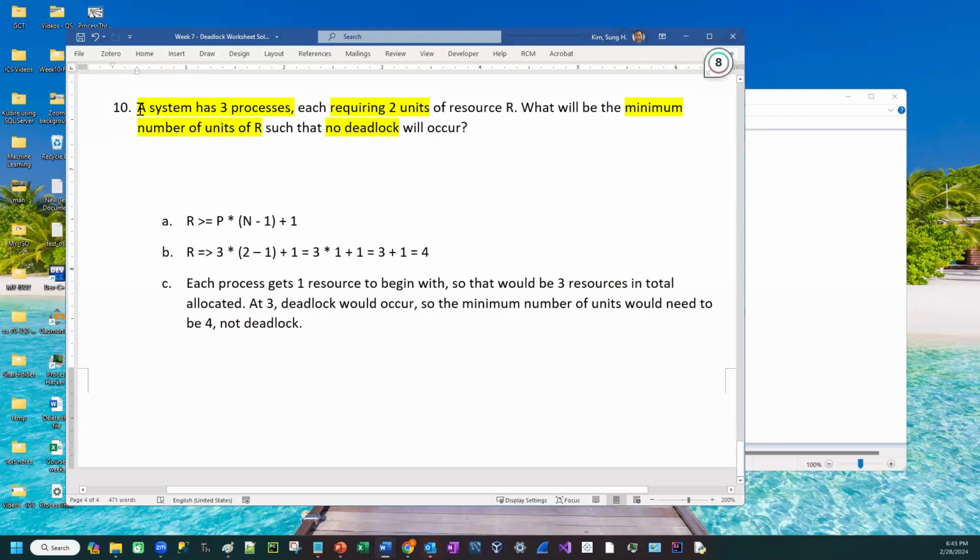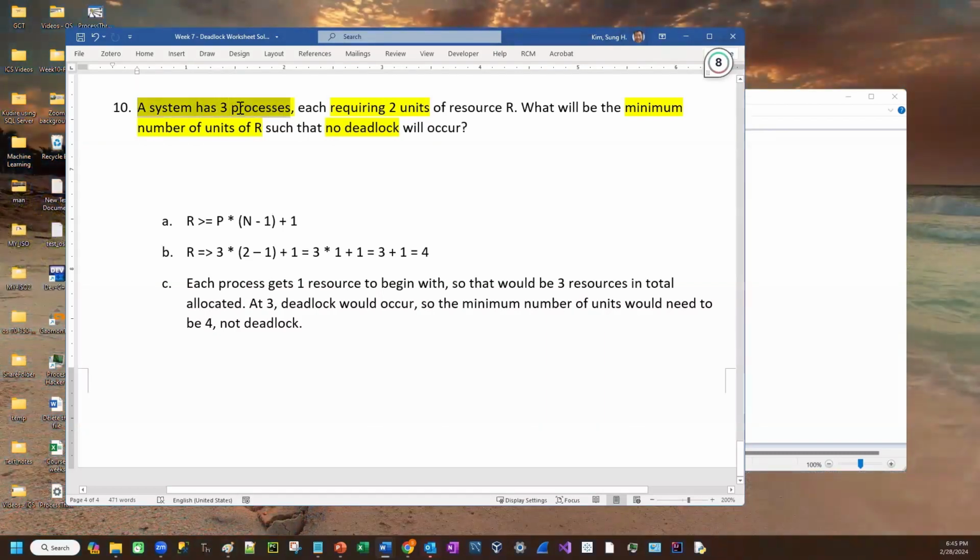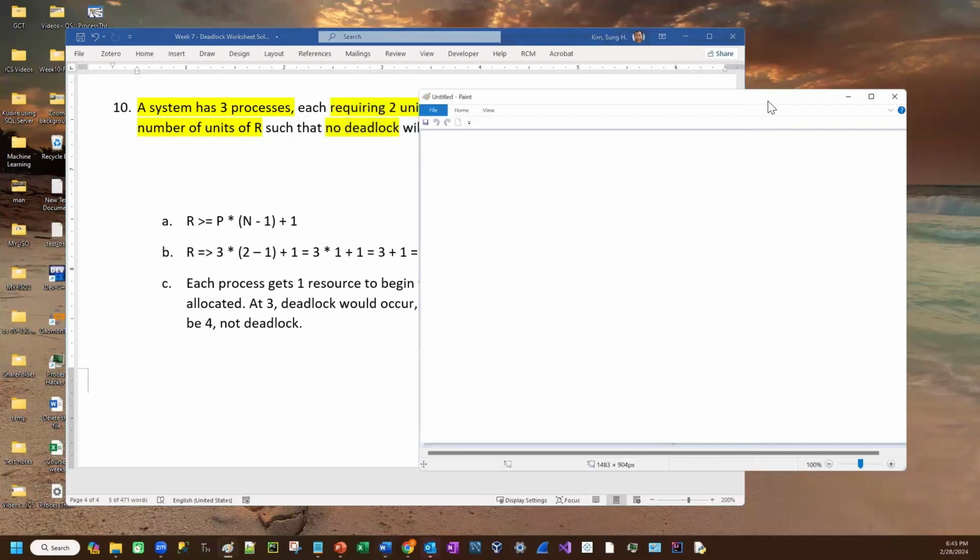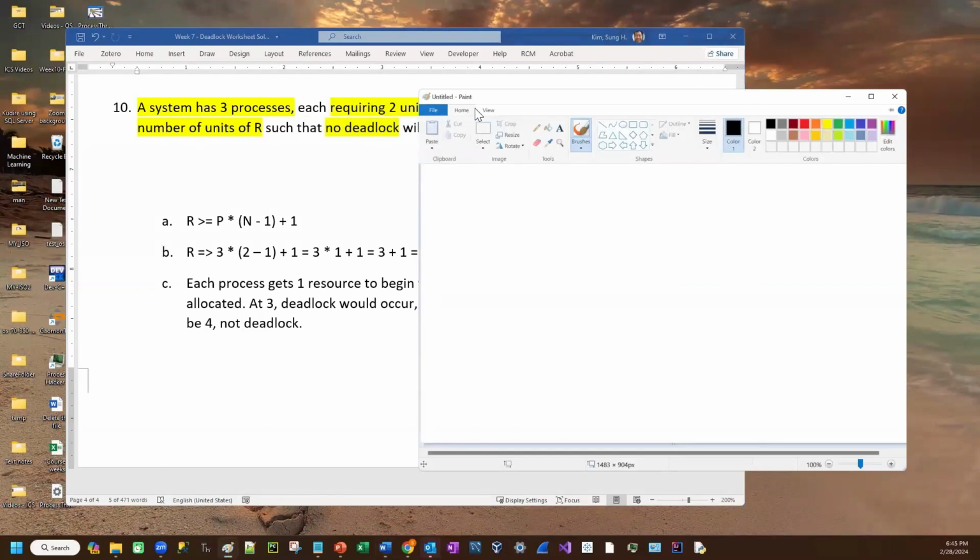The question here is, if someone gives you a number of processes, the system has whatever processes, and they tell you how many units of resources each of those processes need, they want to know how many resources total do we need so that no deadlock will occur. Let me write that here a little bit. Translate that for you.